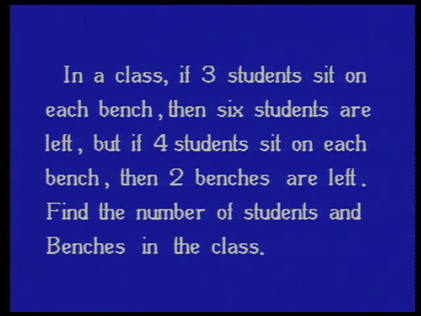Find the number of students and the benches in the class. Listen to the problem once again. In a class, if 3 students sit on each bench, then 6 students are left. But if 4 students sit on each bench, 2 benches are left vacant. We have to find out the number of students and the number of benches.